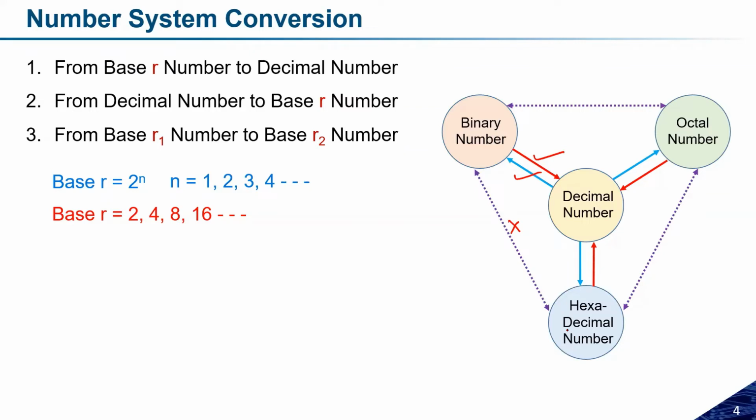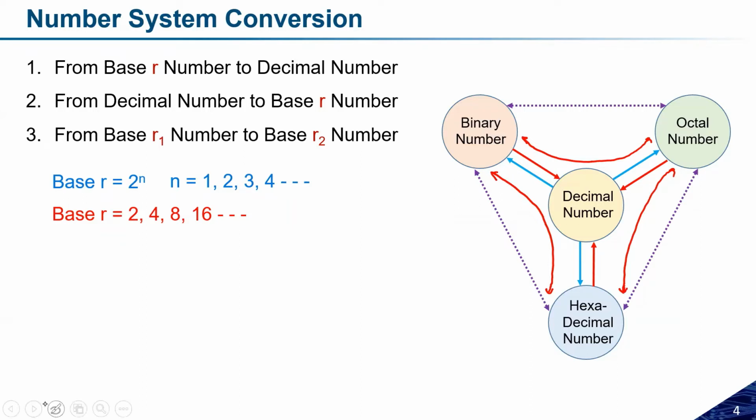Actually, you have to involve the decimal number system while converting from one to another. Similarly, if you have to convert octal to binary, then you have to involve the decimal number system here, and similarly for this case as well. So let us see how we can do that.